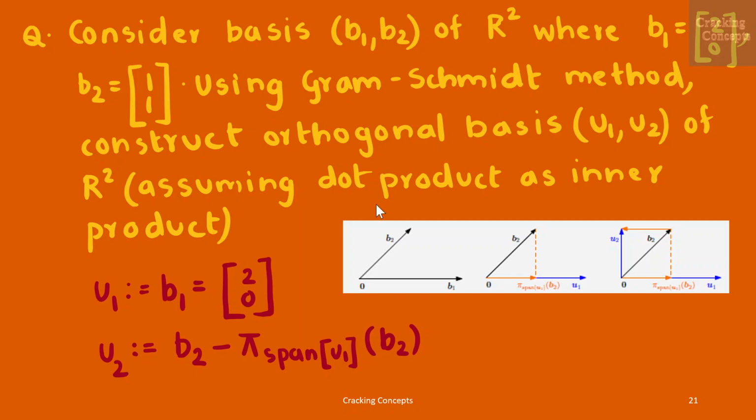So first we'll find the values of u1 and u2, since we have only two basis vectors b1 and b2. The original non-orthogonal basis vectors b1 and b2 are shown in this figure. u1 can be written as b1, which is directly given in the question. u2 can be written as b2 minus the projection onto the span of u1 of b2.